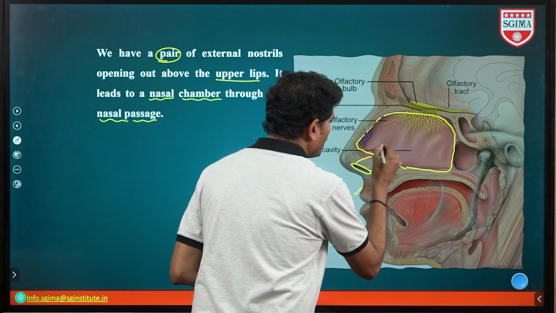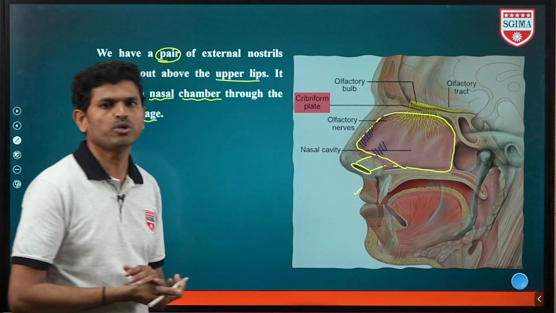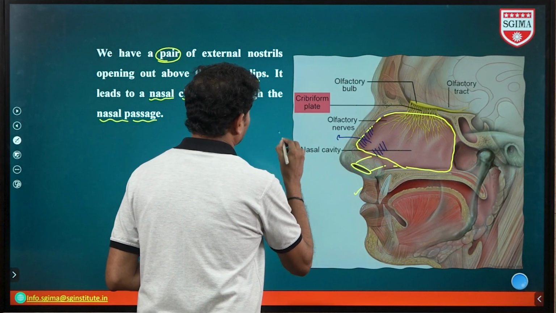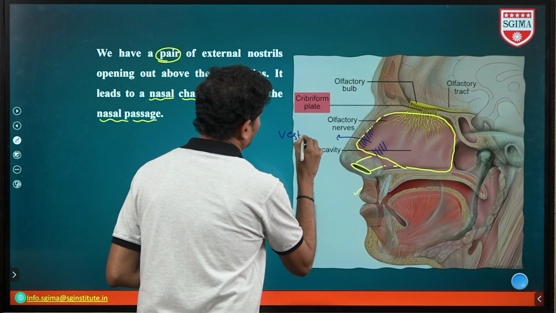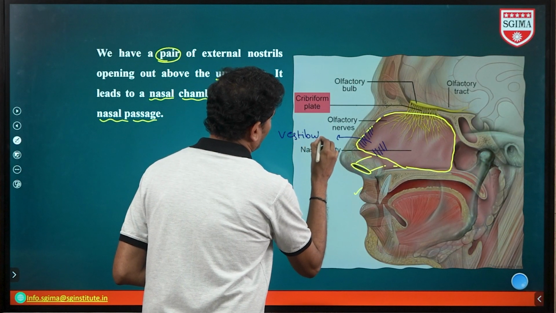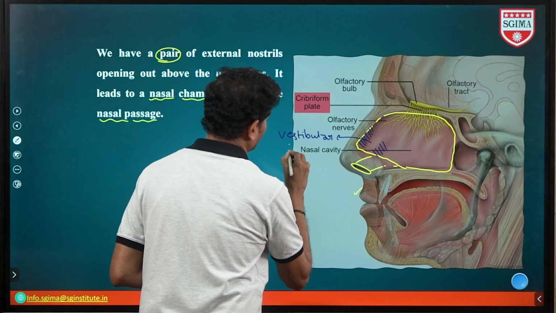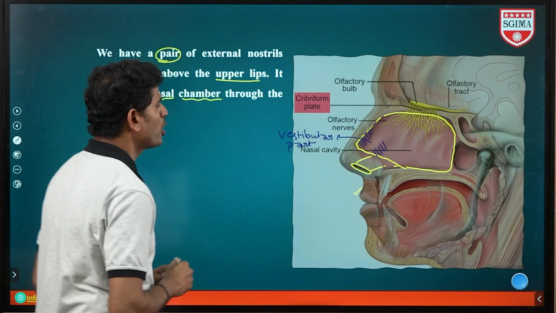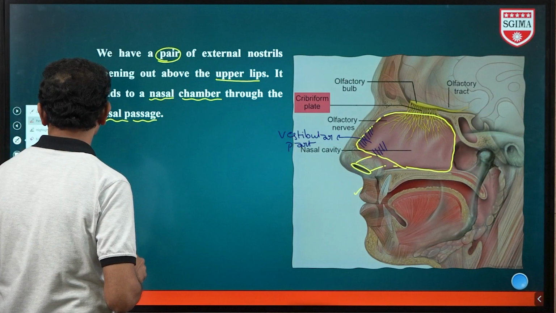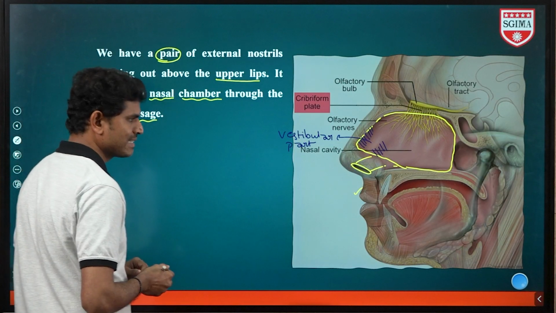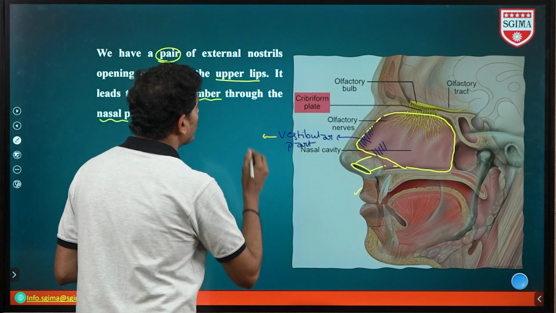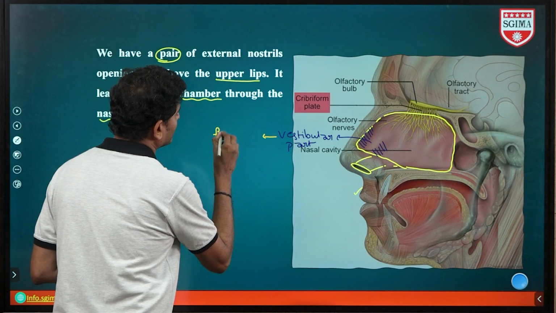This area is known as the vestibular part. What is the function of this vestibular part? Due to the presence of hairs, this part filters the air.